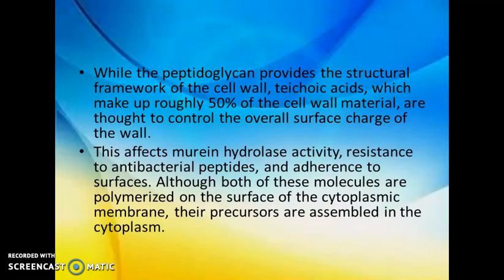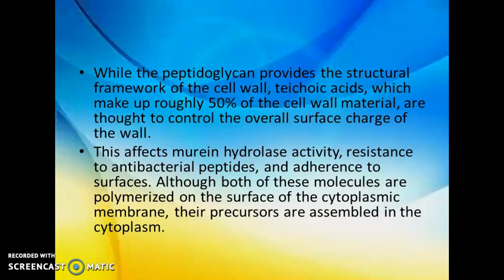While peptidoglycan is the most important in providing the structural framework of the cell wall, the teichoic acids present in the cell wall make up roughly 50% of cell wall material and are thought to control overall surface charge.